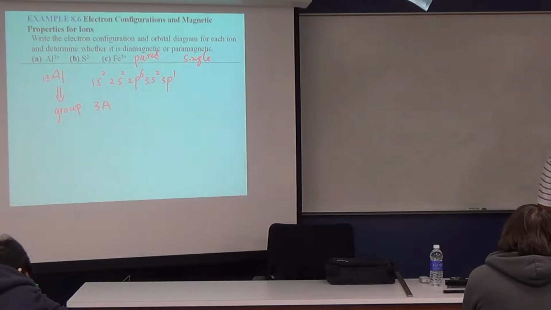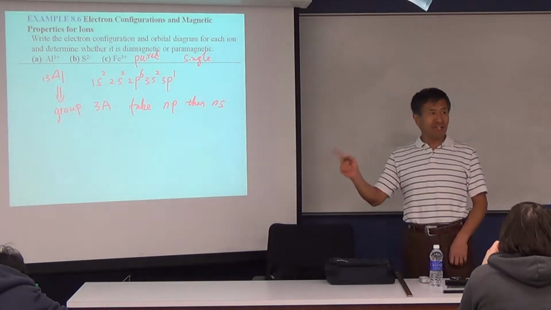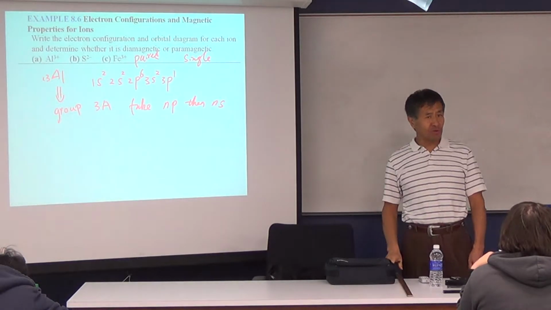For the A group, you take the np first, then ns. What do we mean by n? n is the highest n, the largest n in the configuration.